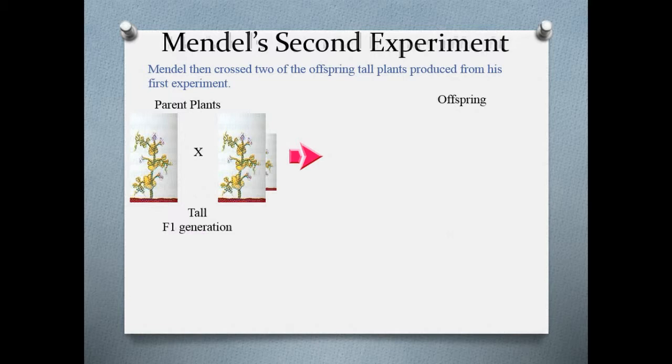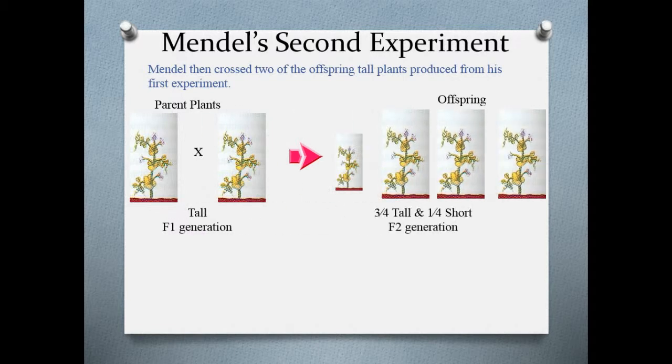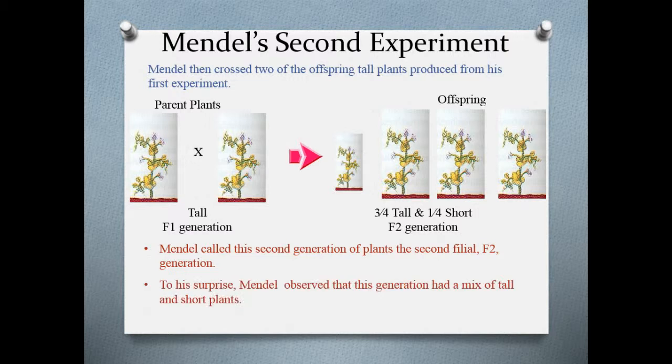And what he found was that of the offspring produced, 3/4 or 75% were tall, and 1/4 or 25% of the offspring plants that grew were back to the short. He called this generation the second generation, or the second filial generation. He observed that this generation had a mix of tall and short plants. And he did this over and over again, and he found that the ratio, the 75% to 25%, was always the same.